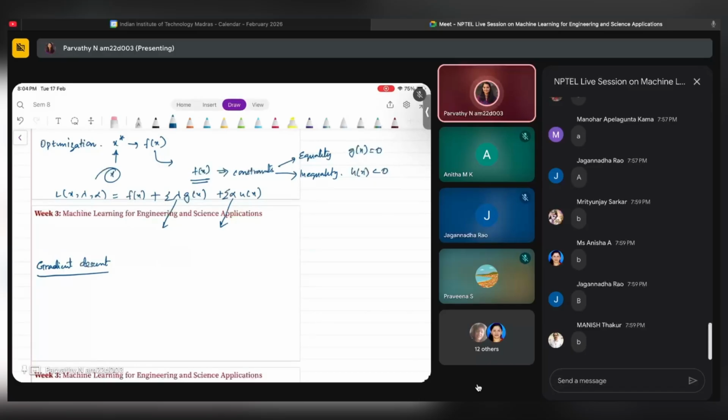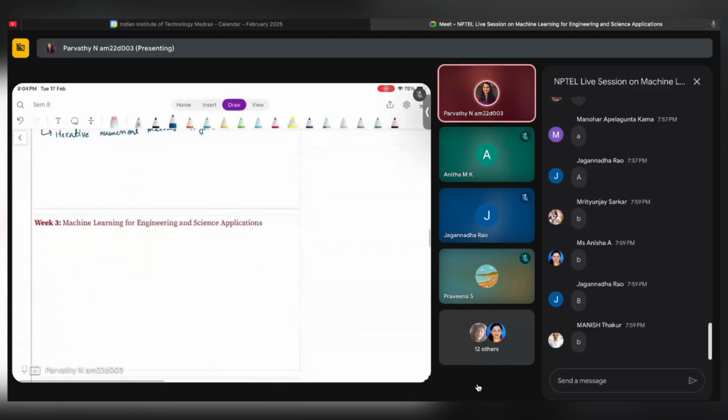So gradient descent is an iterative numerical method to find the minimum. You have a function f and you want to find the minimum for it. One way to solve this iteratively is to use the gradient descent algorithm.